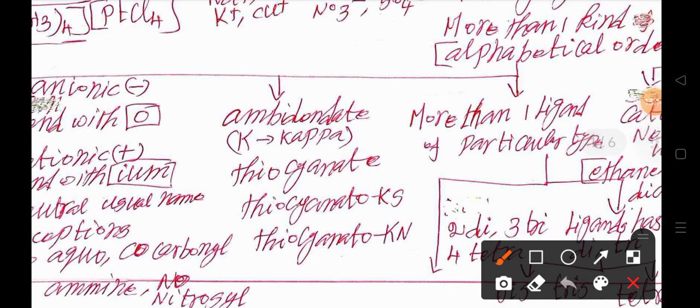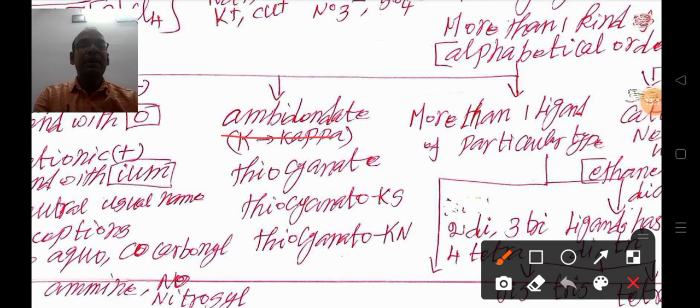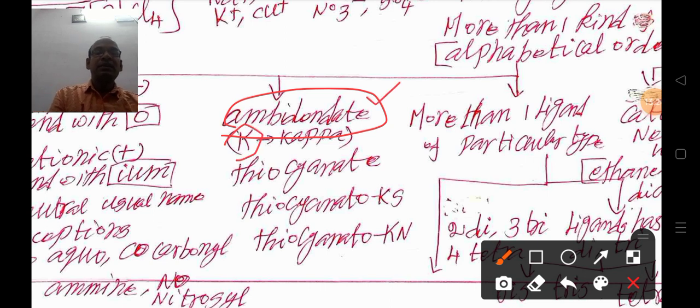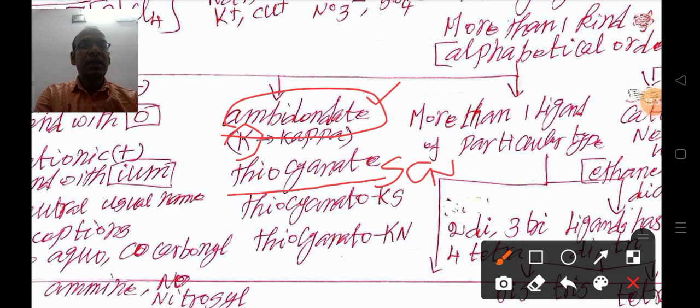Next point, ambidentate ligands. An ambidentate ligand means one ligand, for example thiocyanate, formula SCN-. This one ligand may bond with the central metal ion either by sulfur or by nitrogen.